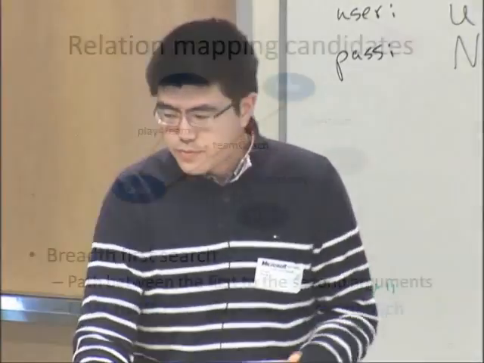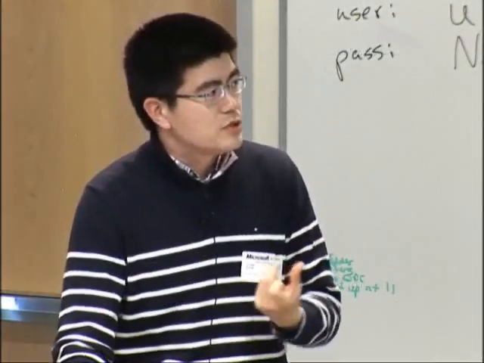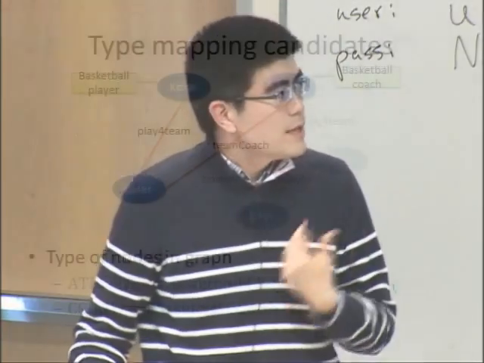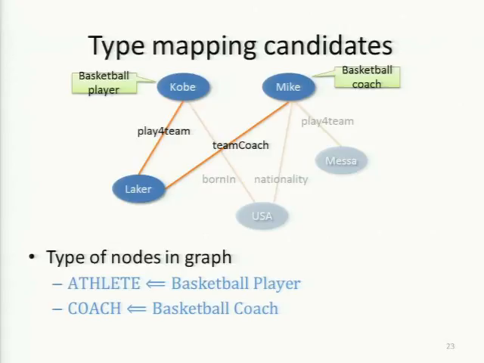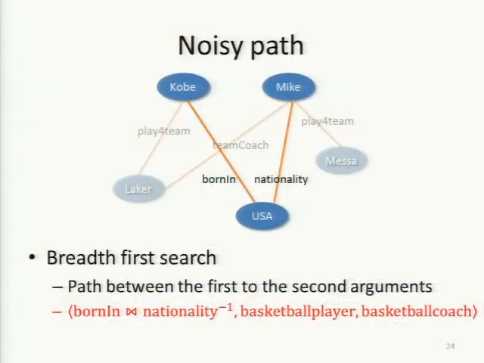Then we look for the instance pairs of our target relation, and we return the paths between them as the relation mapping candidates, and the types of these nodes as the type mapping candidates.